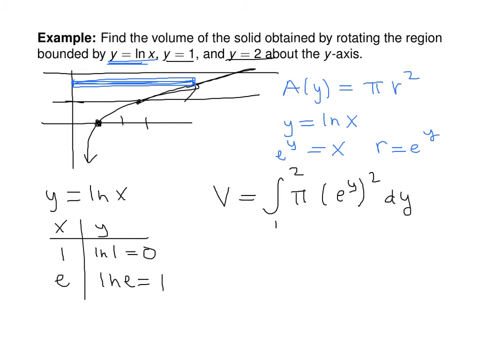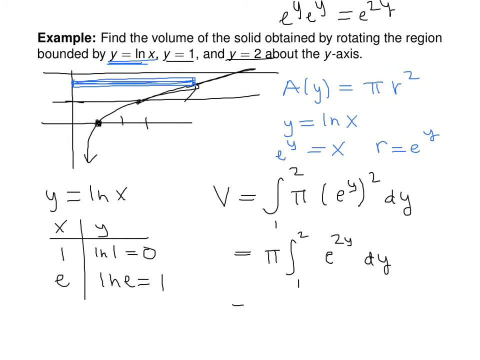And this is tricky, but you have to remember that e to the y squared is really e to the y times e to the y, or e to the 2y. Those powers multiply. So we have pi times the antiderivative from 1 to 2, e to the 2y dy.